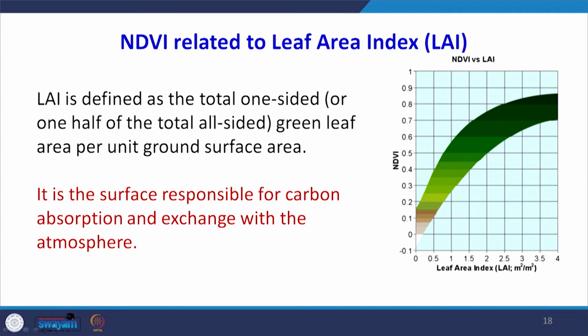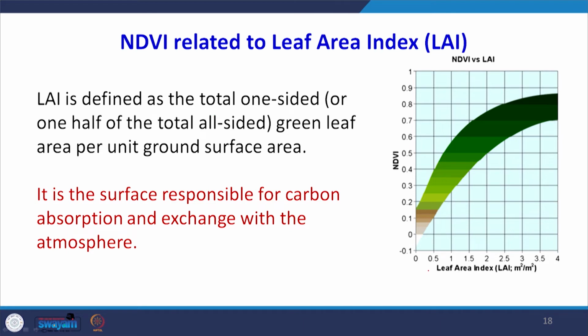Now this has been related to leaf area index also. Leaf area index is basically the total one-sided green leaf area per unit ground surface area. How much is the leaf area as compared to the unit ground surface area. That is the leaf area index, and it is very useful for biomass studies, and NDVI has been found to be very useful to correlate with it.